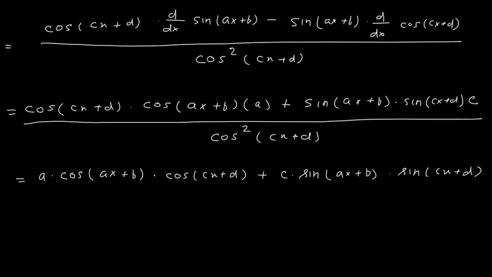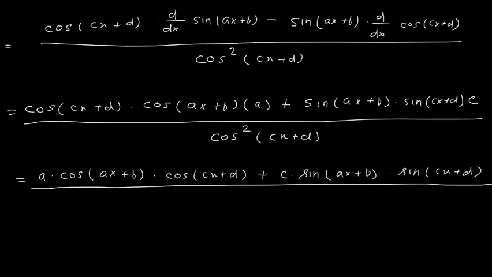If this a and c is not there, you could have used the formula of cos a cos b plus sin a sin b. Now in denominator we have cos square of cx plus d.